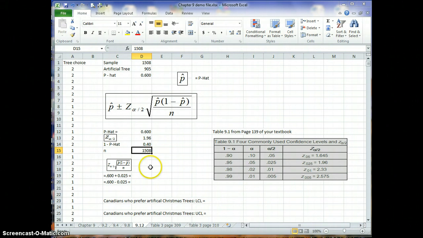And now over here, we're actually going to make the calculation, and I'll do the merge and center thing here.